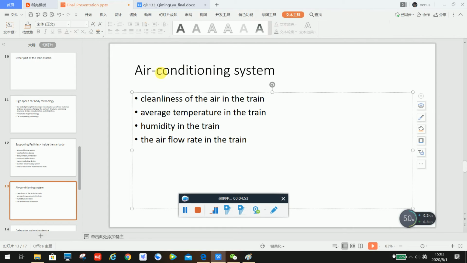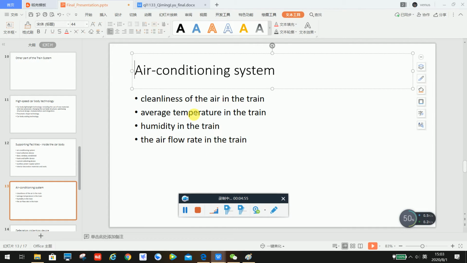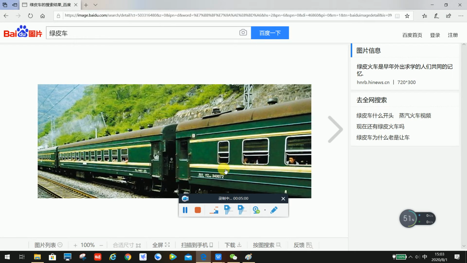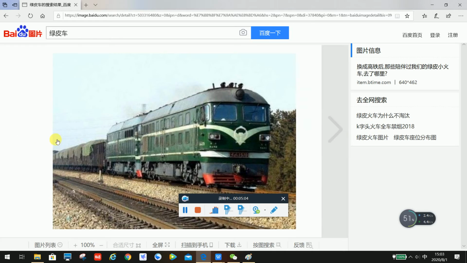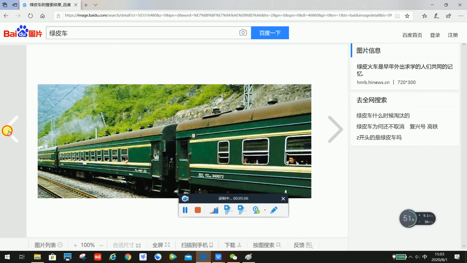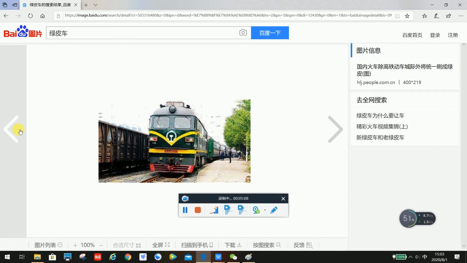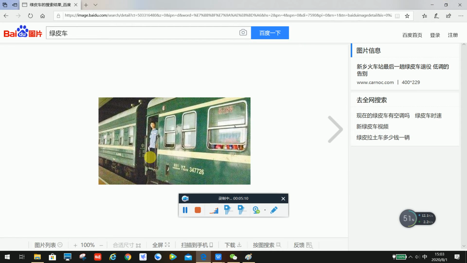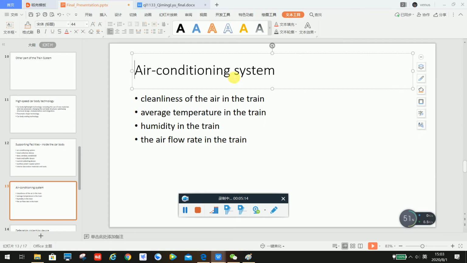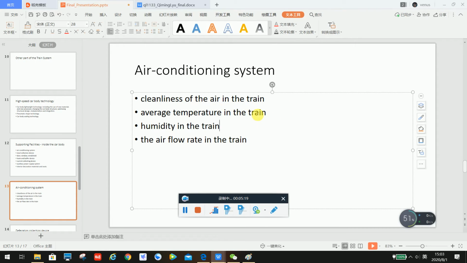The first one is the air conditioning system. Yeah, we talked about it before. In the old general train, the air conditioning is only for the temperature in the summer, right? You can see the windows are open, but this new air conditioning system can clean the air in the train. We don't need to open the window.